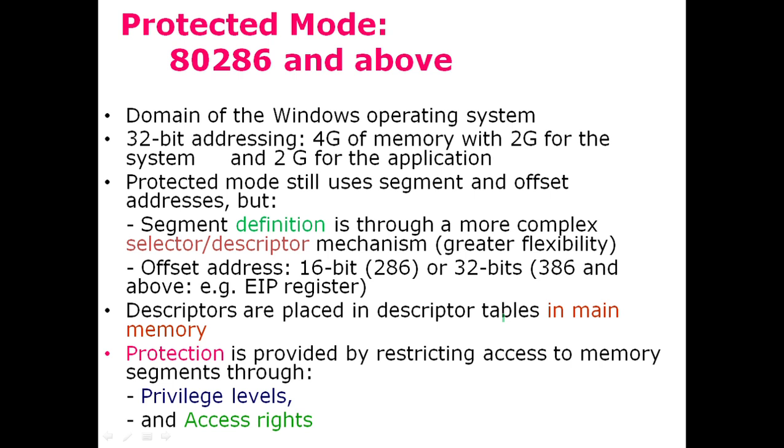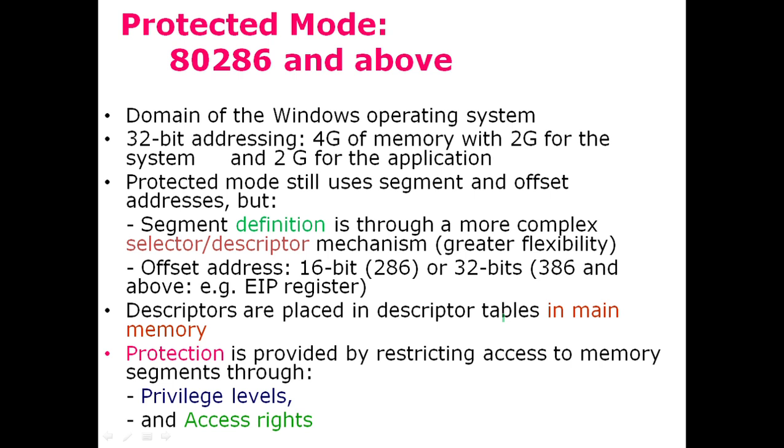A segment can be defined anywhere in the memory, and it can be of an arbitrary size with protection mechanisms. The offset address can be 16-bit in the 286, or 32-bit in the 386 and above microprocessors. In the latter case, extended registers may be used. For example, the extended instruction pointer may be used to provide the offset address for the code segment.